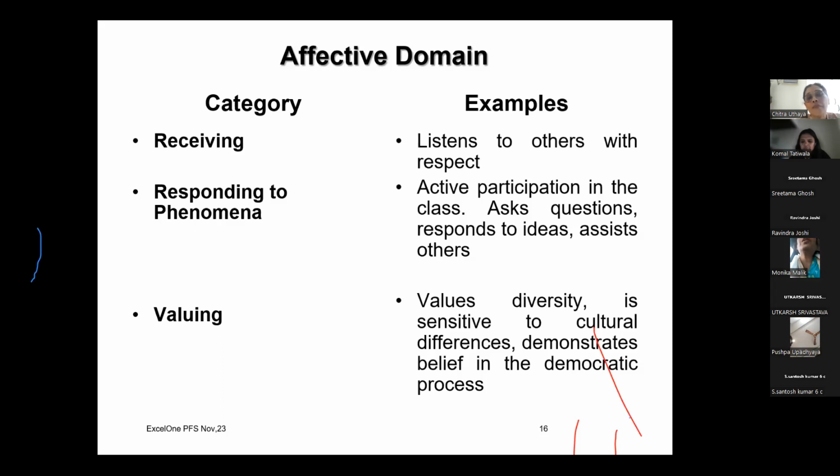The third aspect is about how the child values diversity, how the child is sensitive to others, how the child demonstrates empathy. So this is about valuing. So it is the next higher level after responding to phenomena.